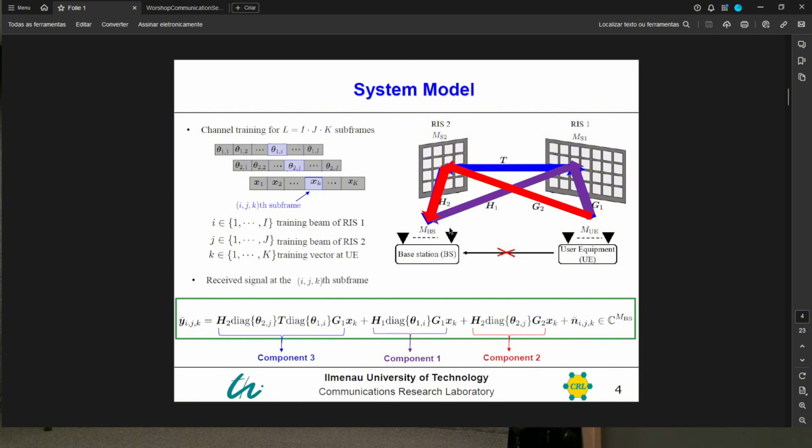Component 2 has this single reflection link from G2 to RIS 2 down to the receiver. And then we have the double reflection link, which goes from G1 through RIS 1, T, and RIS 2 to the receiver.